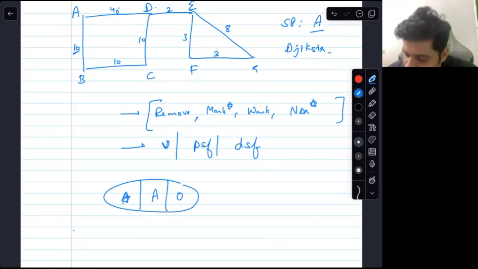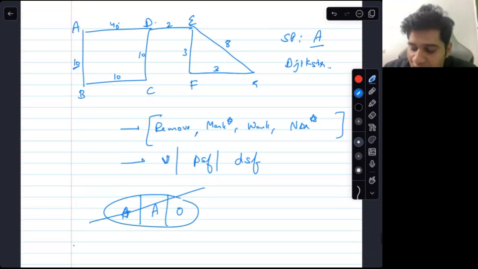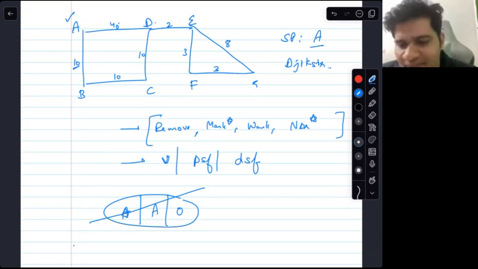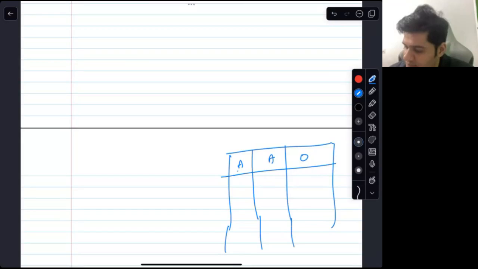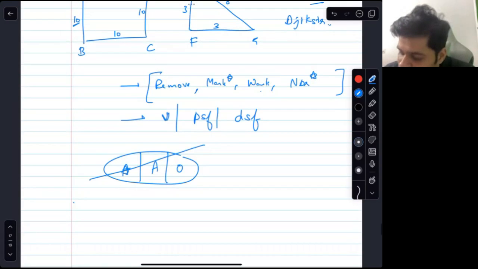Applying the algorithm. Remove. See what is mark. Mark. Forget about the star for now. This is going to be a tree actually. So mark. Work is making the table. So the path to A is A and distance is 0. All right. That is work. Now neighbor stars.